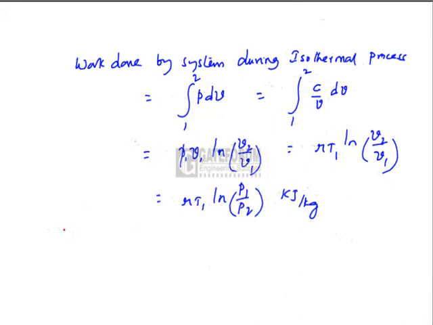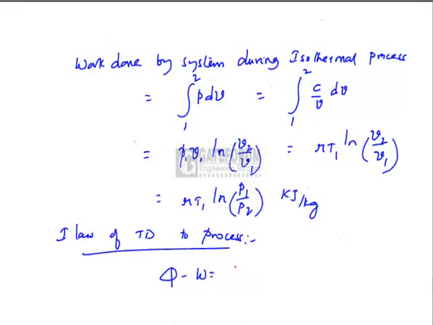Writing the first law of thermodynamics for the isothermal process, Q minus W is delta U. This is the first law applied to any closed system for any thermodynamic process.